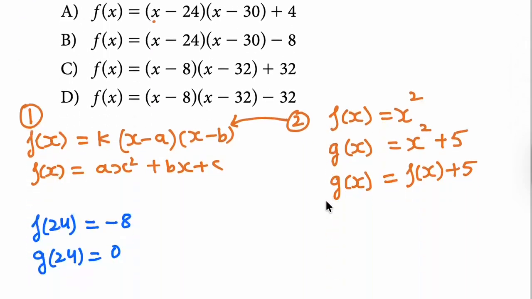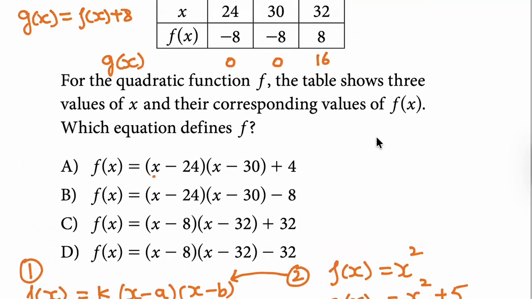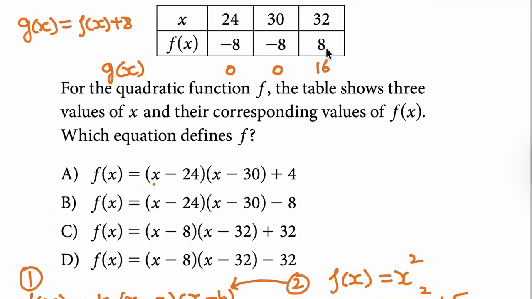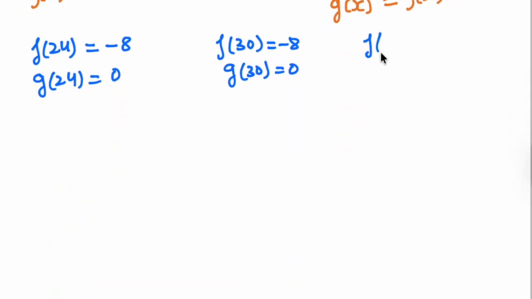Let's write that too. And third one is f of 32 is equal to 8 and g of 32 is equal to 16, because this is what we are going to use.